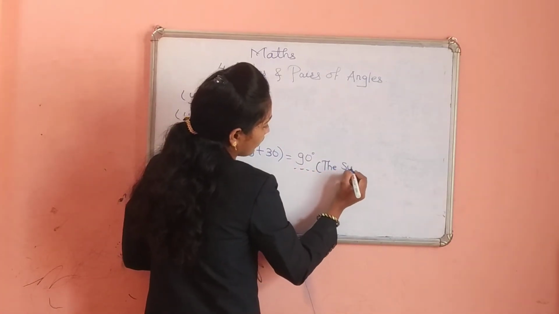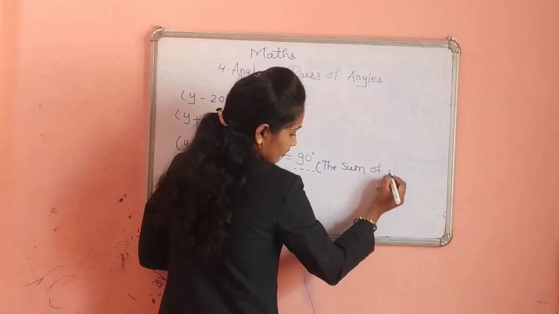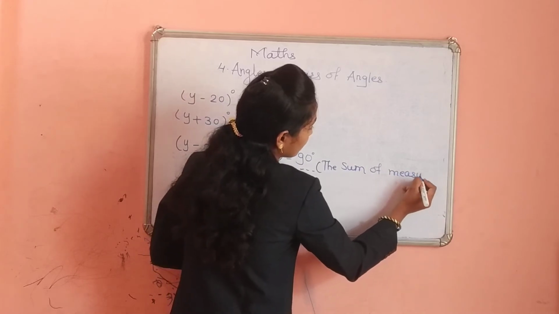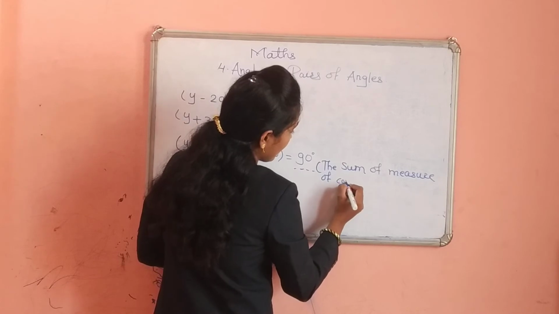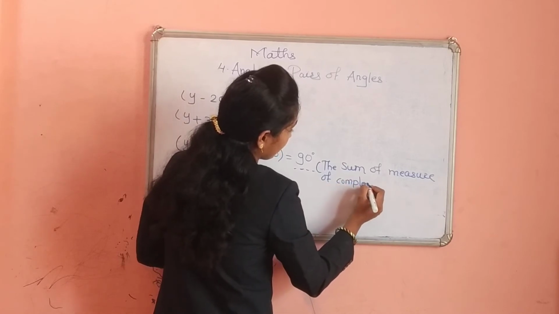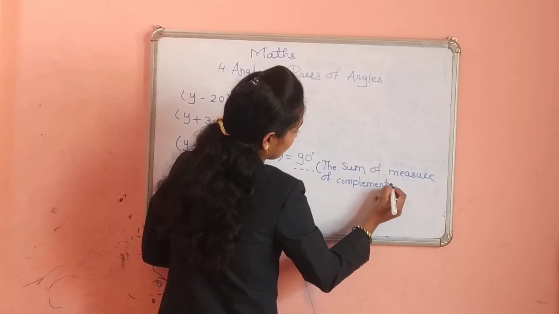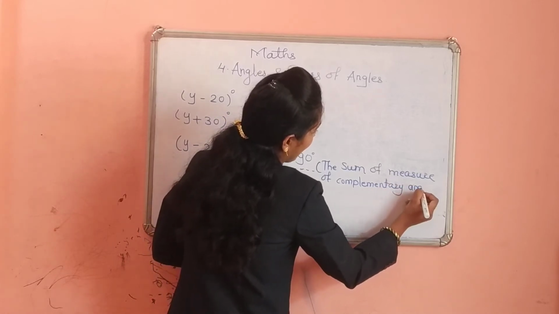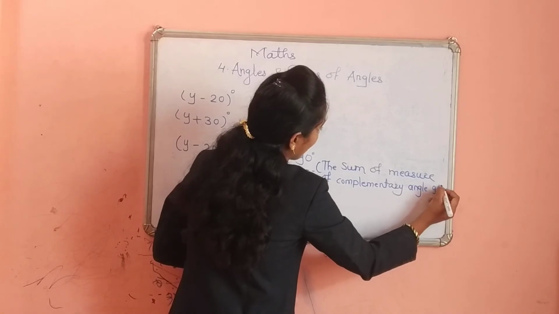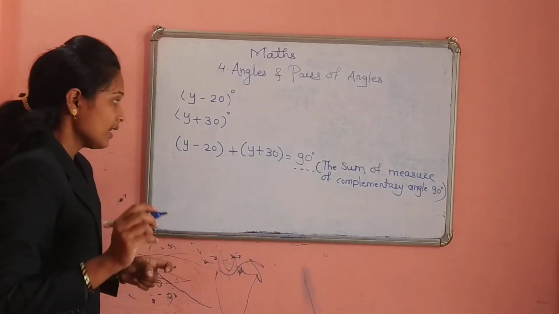The sum of measure of complementary angles is 90 degree.